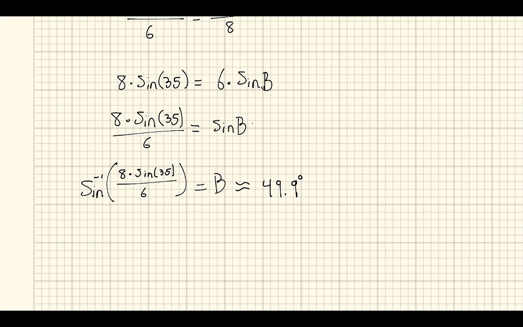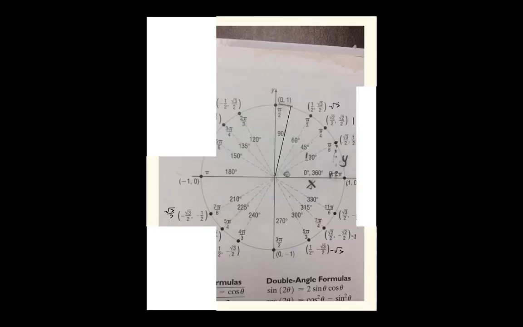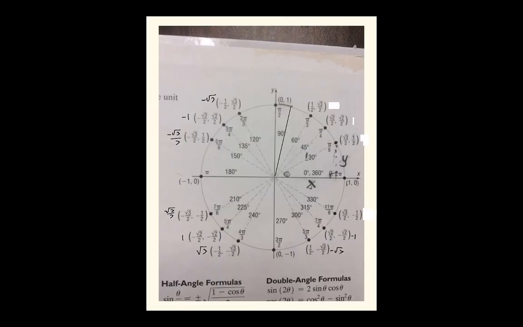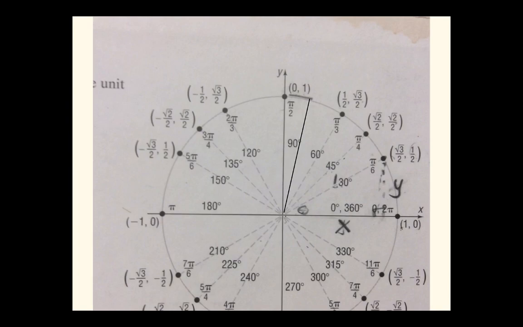Okay, there's another angle that has the same sine. So let me try to explain this as best I can. Let's go ahead and look at the unit circle. Okay, so what did we say? It was about 49 degrees. That's about right here on my unit circle. Okay, so is there another angle that has the same y-coordinate? There is.